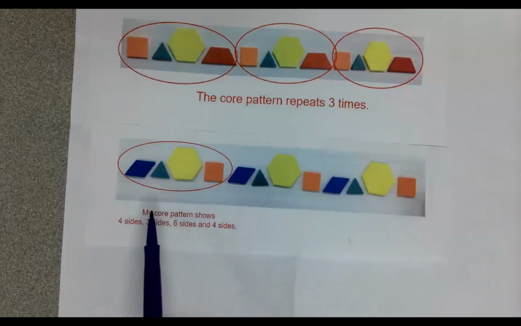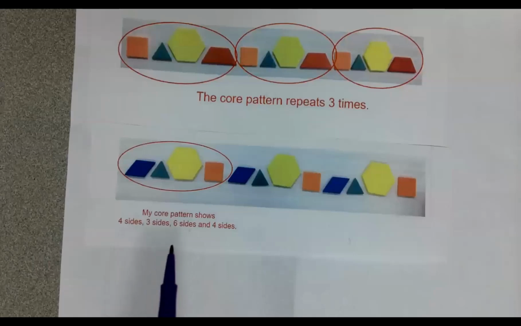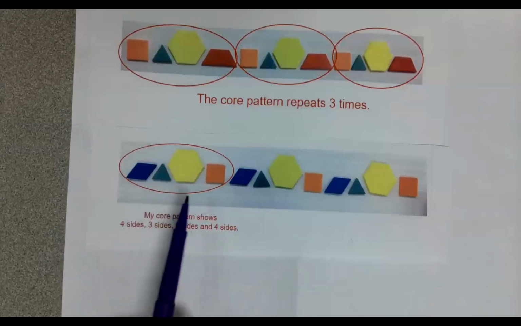I created a different arrangement of the pattern blocks using the core pattern. So I'm still describing my pattern using the number of sides. I just have different pattern blocks. So again, my core pattern still shows 4 sides, 3 sides, 6 sides, and 4 sides again.